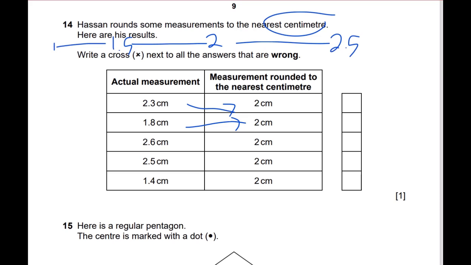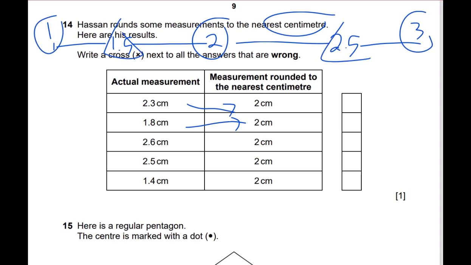Here is 1, here is 2, here is 3. So the middle is 1.5, between 1 and 2, and 2.5. As long as they are still within this range, it still rounds to 2, and it should be less than 2.5 and greater than or equal to 1.5.